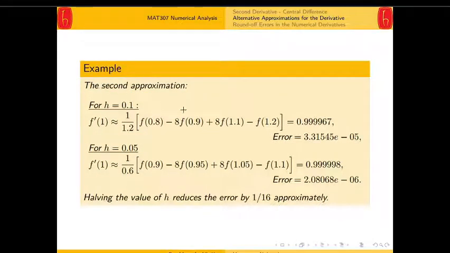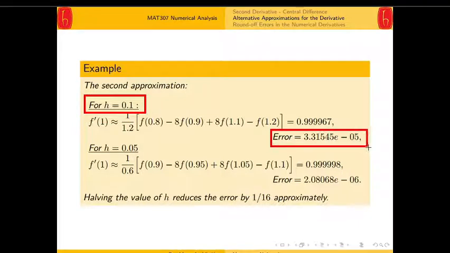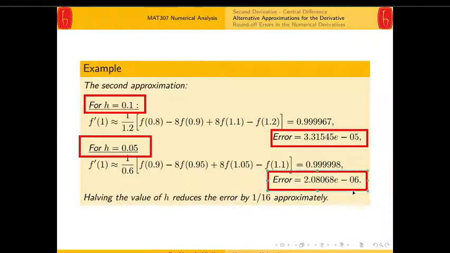Okay, with the second approximation, if we do the computations with h equal to 0.1, we obtain this error, and for h equal to 0.05, the error will be this quantity. If we compare errors, when h is halved, the error will be around 1/16 approximately.